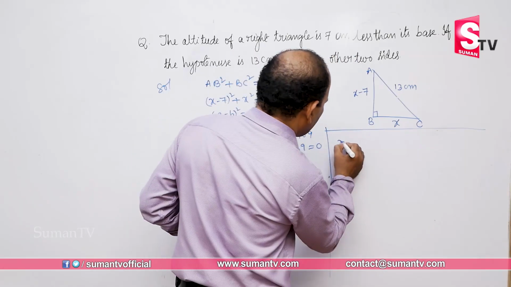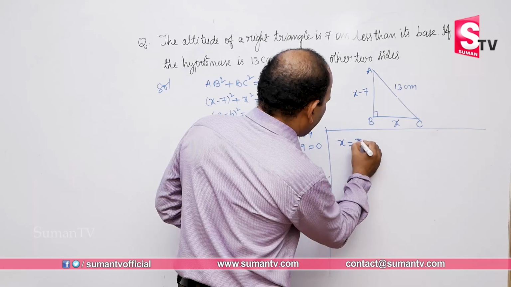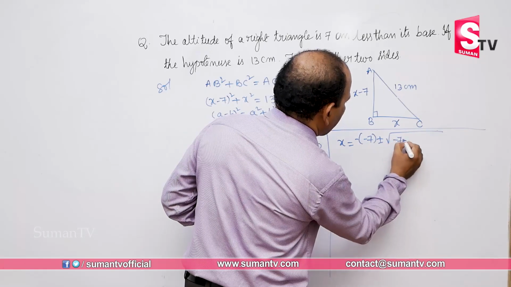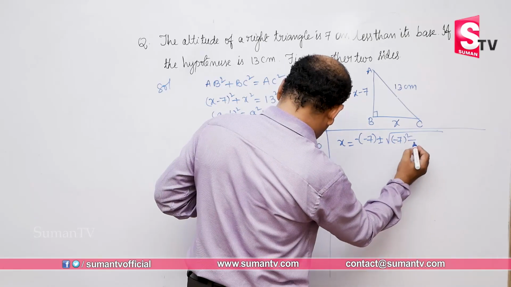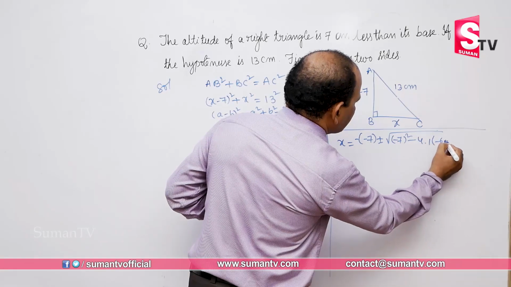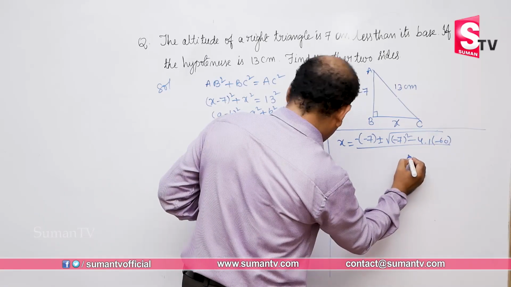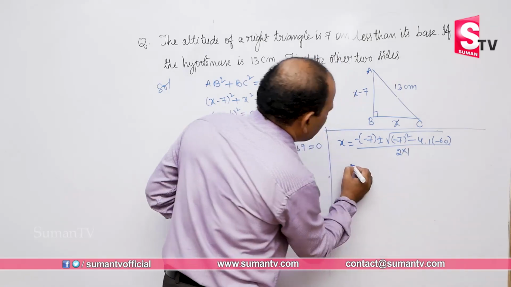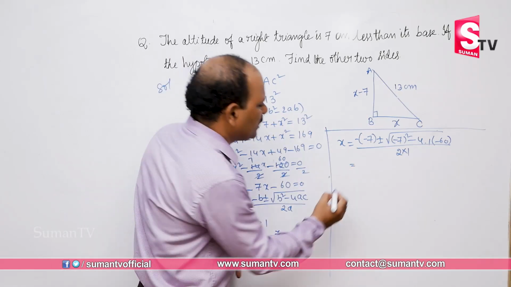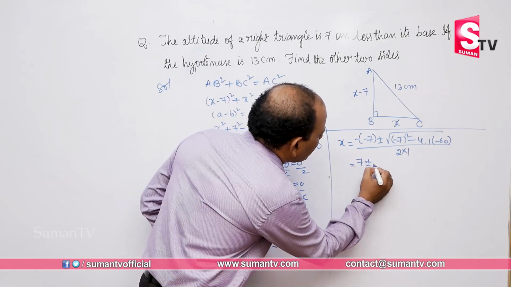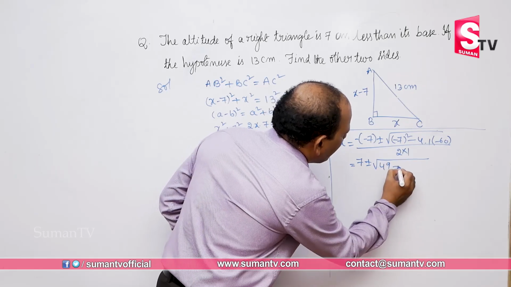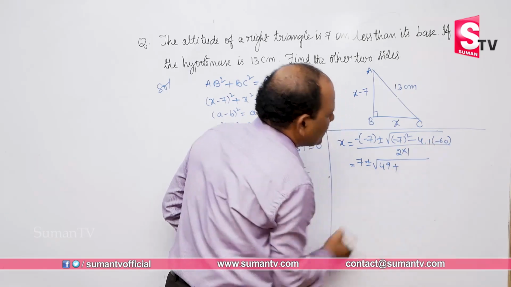See, x is equal to minus b, minus of minus 7 plus or minus root b square minus 4ac, 4 into 1 into minus 60 by 2a, 2 into 1 is equal to minus 7 into minus is plus 7 plus or minus square root of minus 7 square is 49. Minus into minus will become plus.